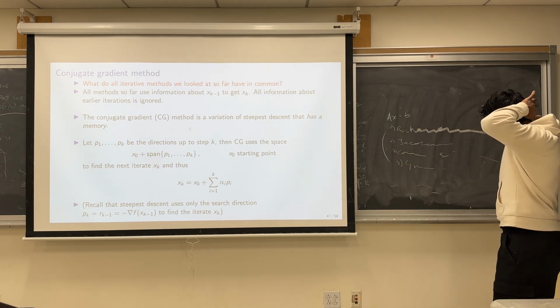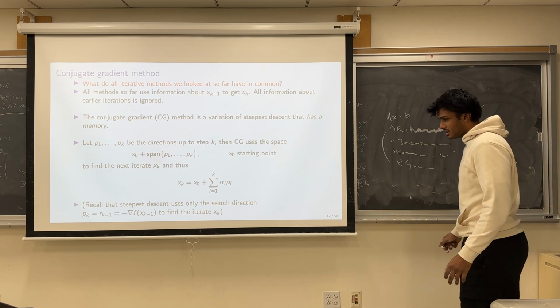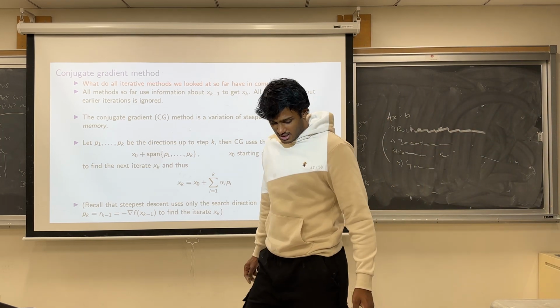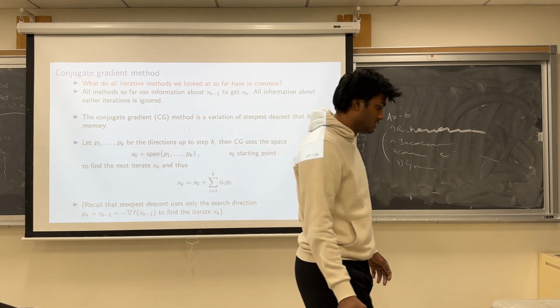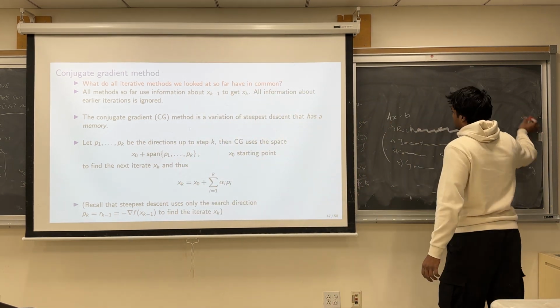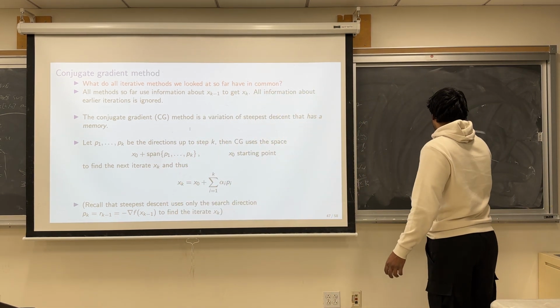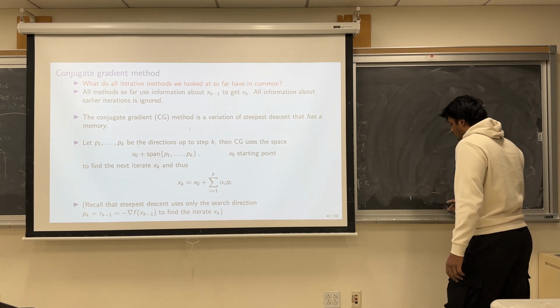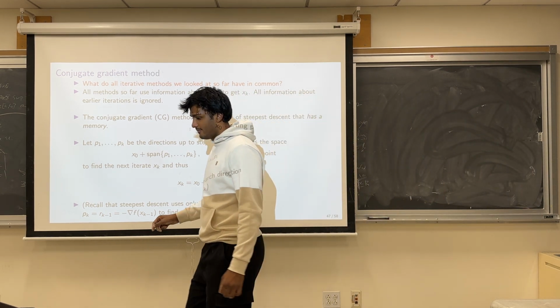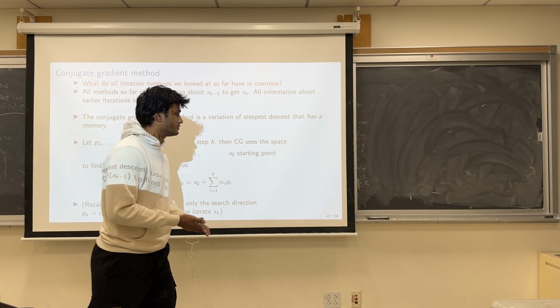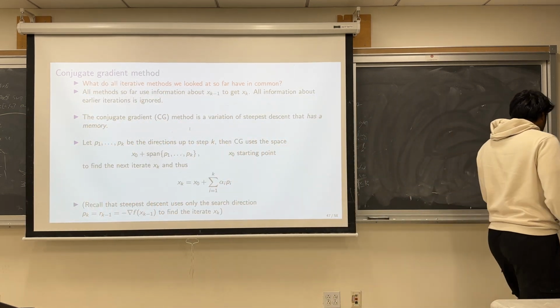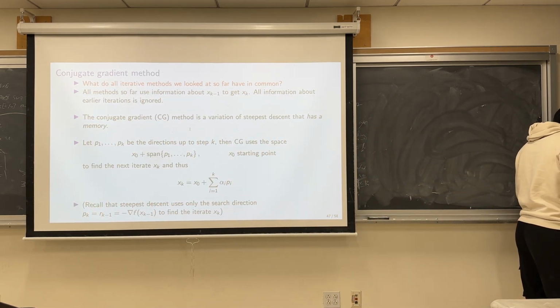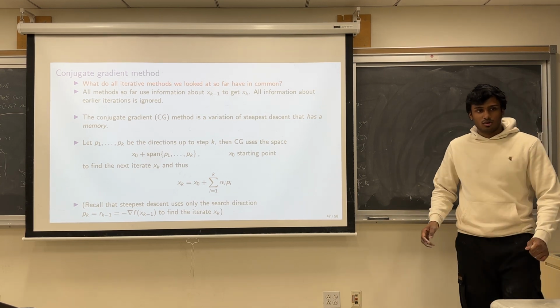In all of these methods, we only look at xk to generate xk plus 1. We never look at any other information. Fair enough. What else do you want me to look at? What I want you to look at is what steps you took. How did you get here? That's what I want to look at.